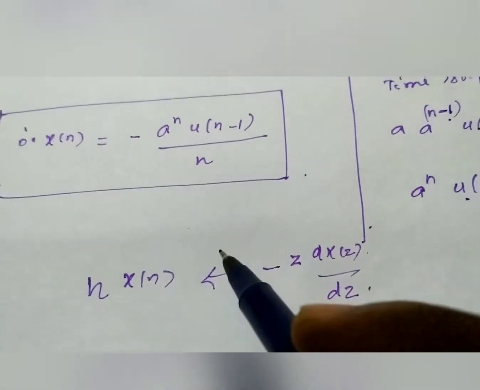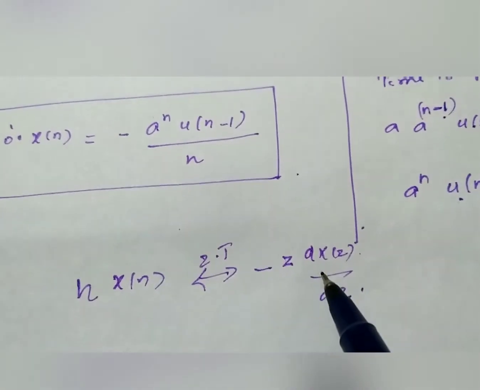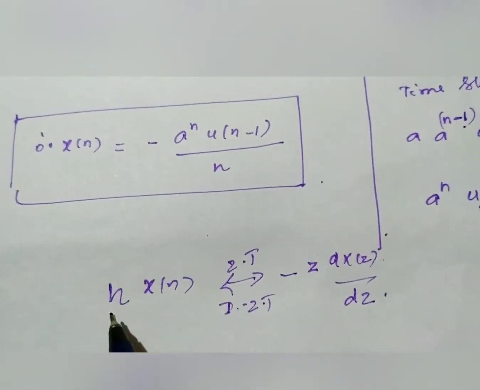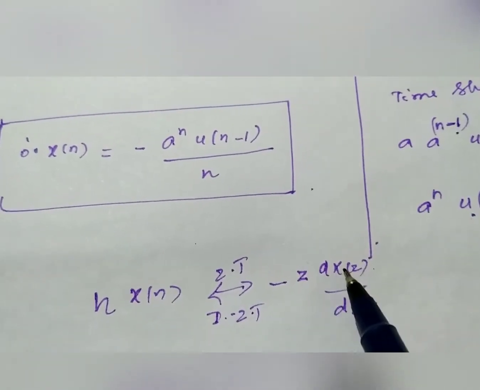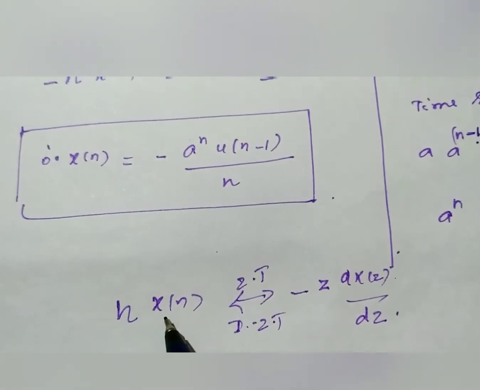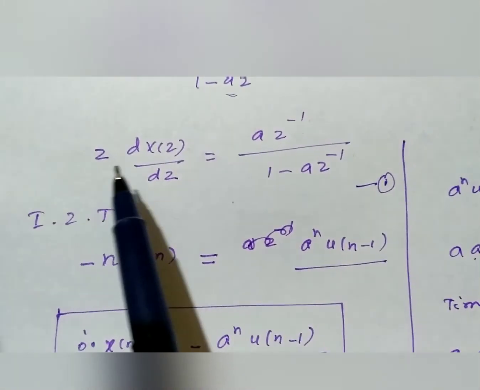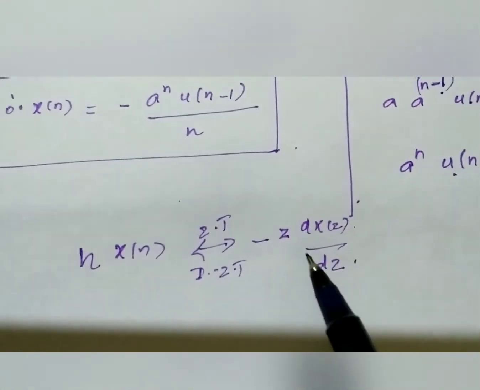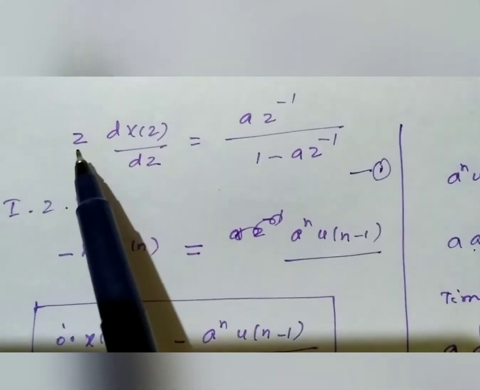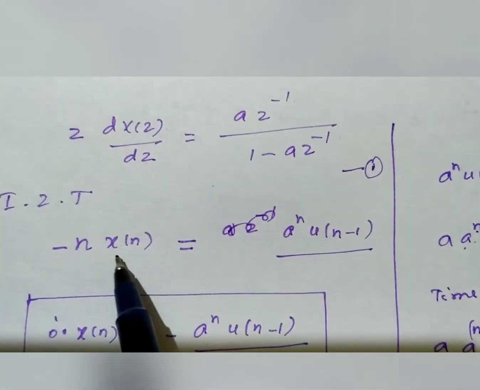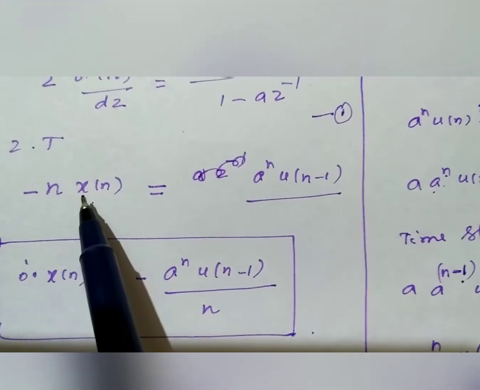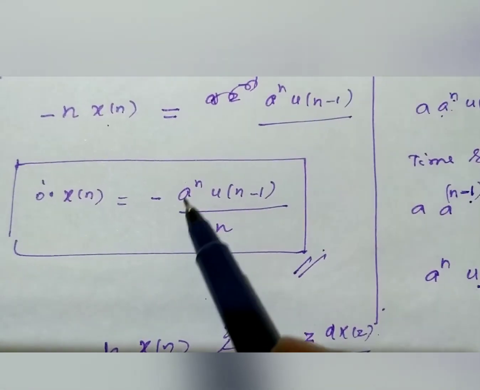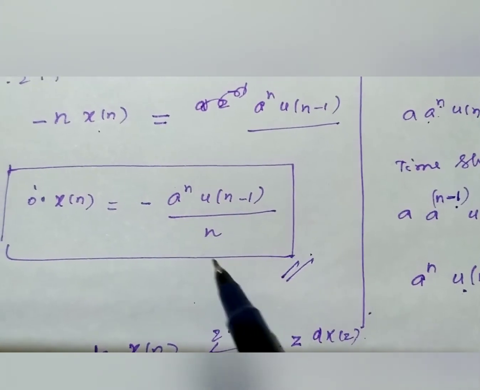Using this property, z dX(z)/dz has the inverse transform n times x(n). So, bringing this n to the other side, we have the answer: x(n) is minus a^n u(n-1) divided by n. This is the answer we have.